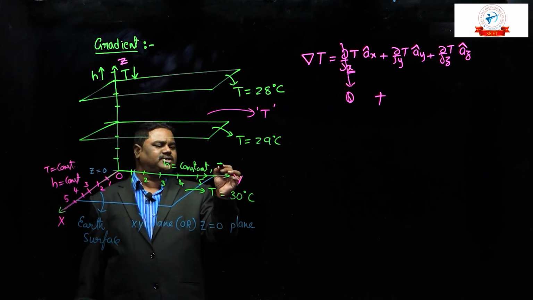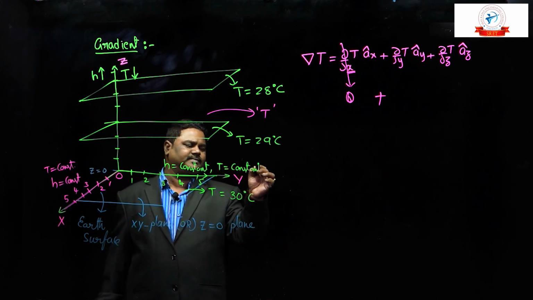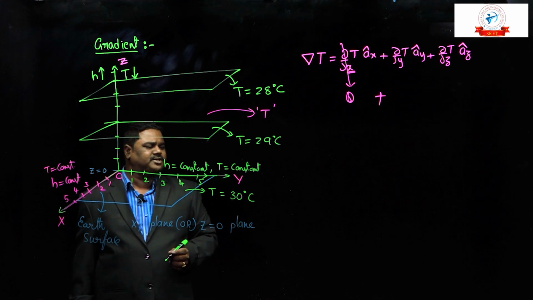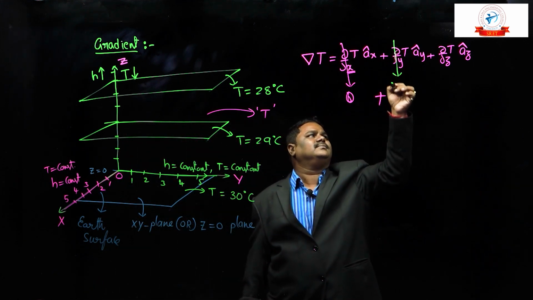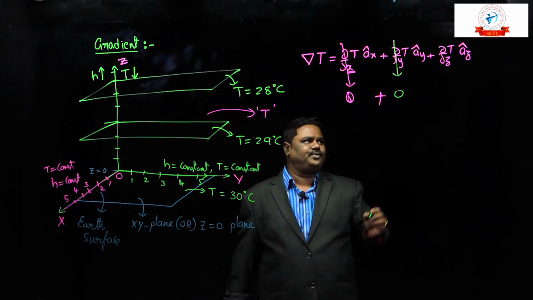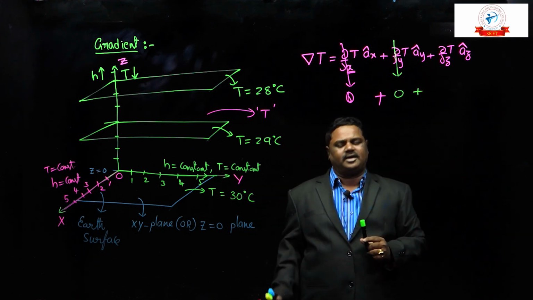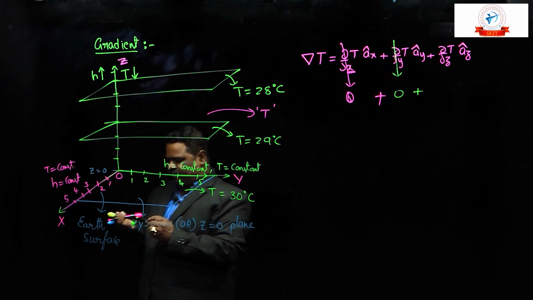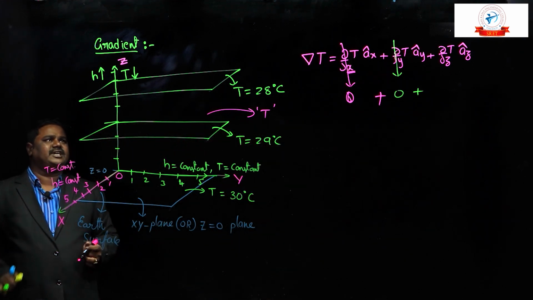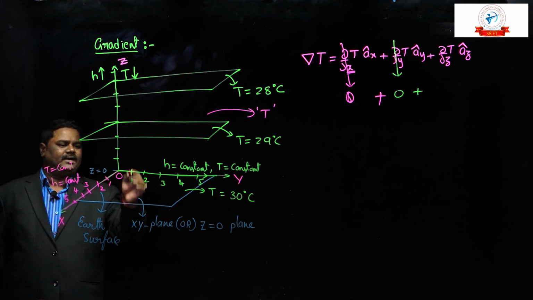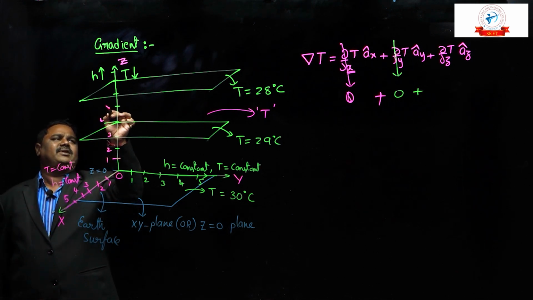When height remains constant, temperature also remains constant. When temperature remains constant along y, dou by dou y of T will become 0. So the second term is also 0. Now let us observe the third term. It is the rate of change with respect to z. When z value increases, what is happening to height?